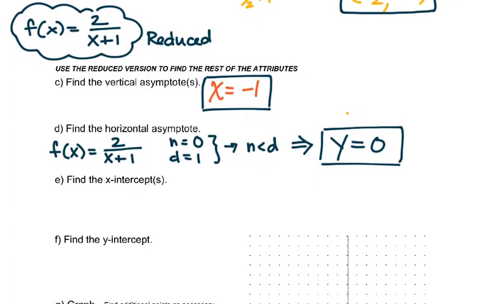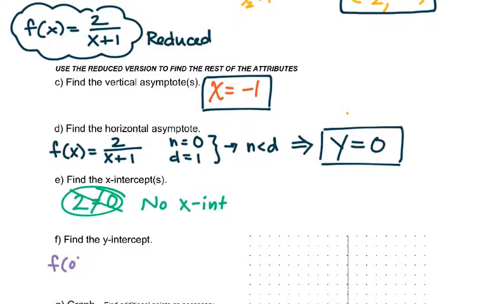The x-intercept comes from that reduced numerator being equal to 0. And in this case, I would go over here and say, well, 2 equals 0. And 2 cannot equal 0. There's no x-intercept. And then the y-intercept is determined by letting x equal 0.